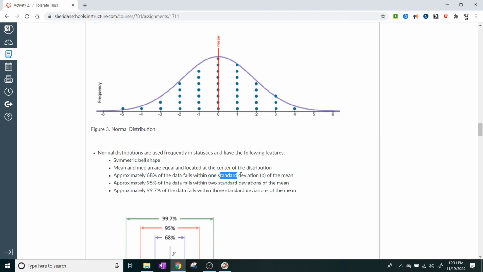Now, the standard deviation we've talked about before is roughly how far away you are from the average itself. Whenever you see this 1, 2, 3, 4, 5, this is how many standard deviations you are away.